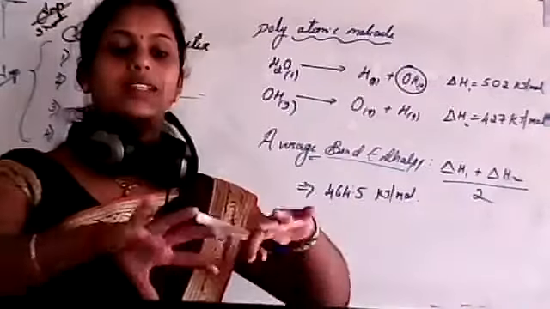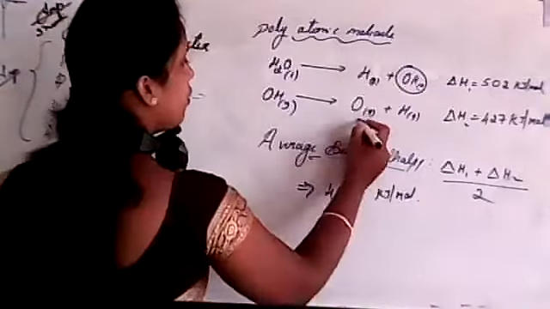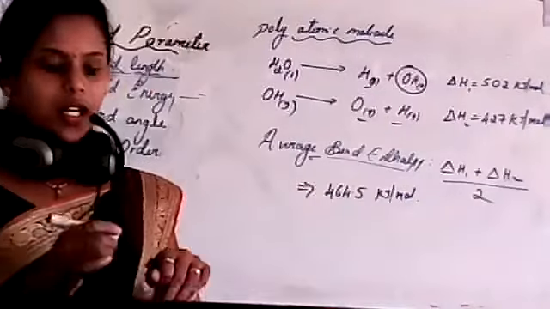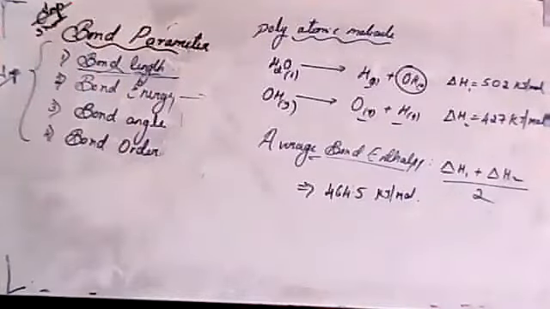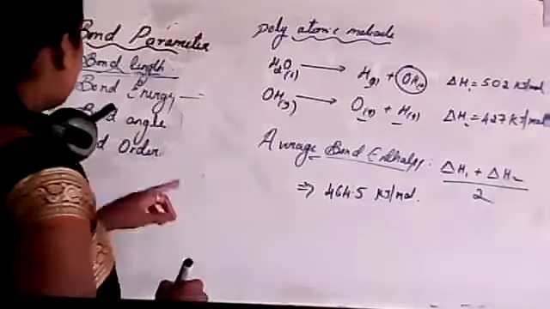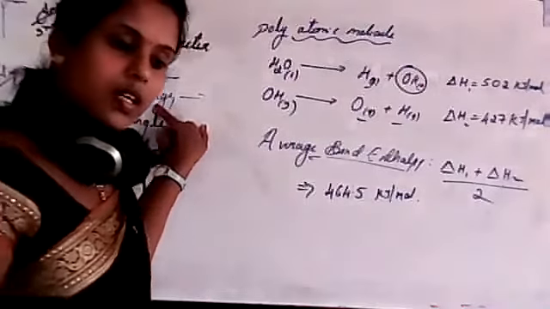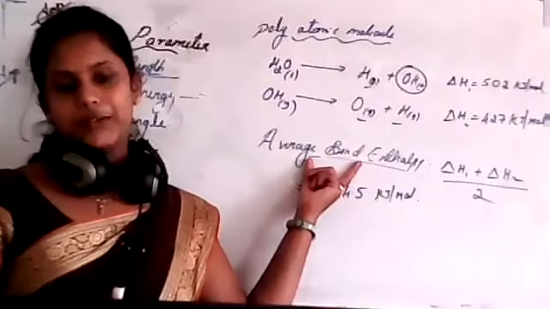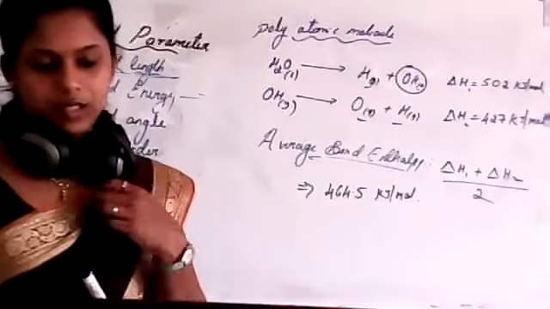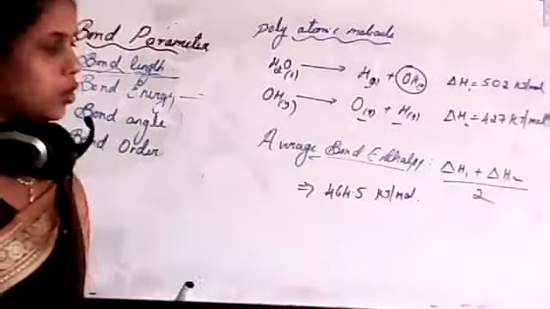Clear? To separate them into gaseous atoms, we converted it into gas. So that is known as bond energy. Is this clear, students, about bond energy? If there is a polyatomic molecule, then you have to consider average bond enthalpy. Is this clear? Yes. Okay.